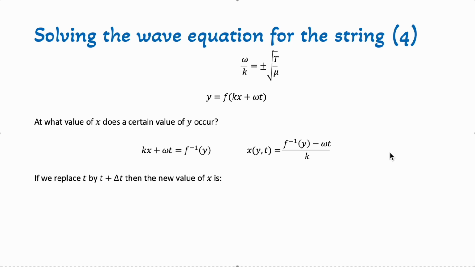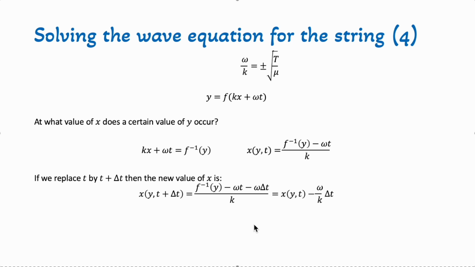Well, it means that if we ask ourselves what happens to x if we move time on by some amount delta t, so we replace the t by t plus delta t, then what we get is x as a function of y and t plus delta t is this thing. So I've literally just taken my t from here and I've replaced it with t plus delta t.